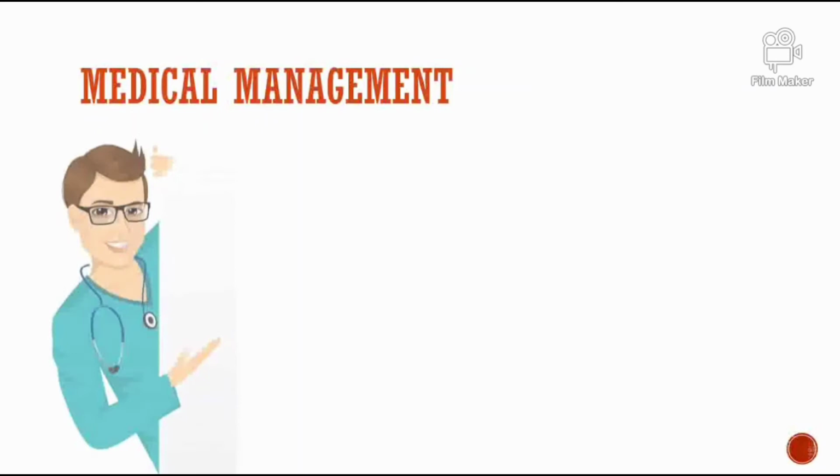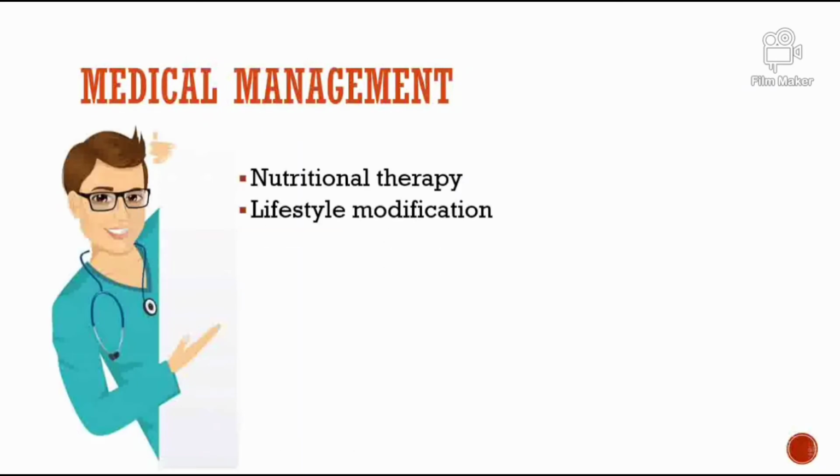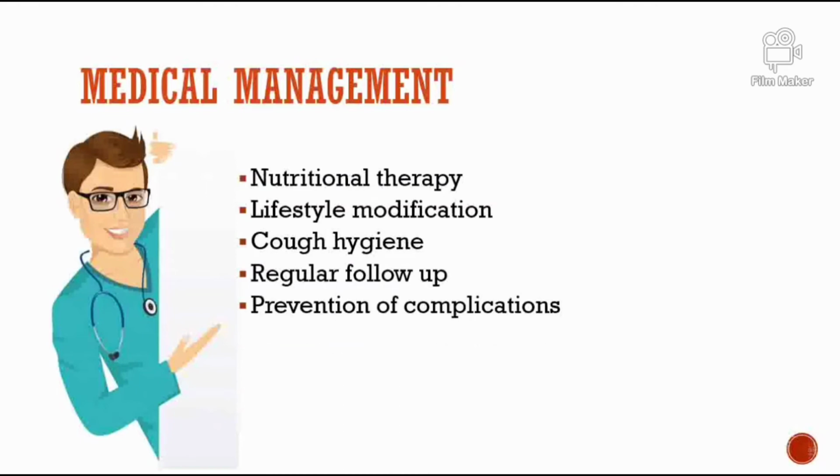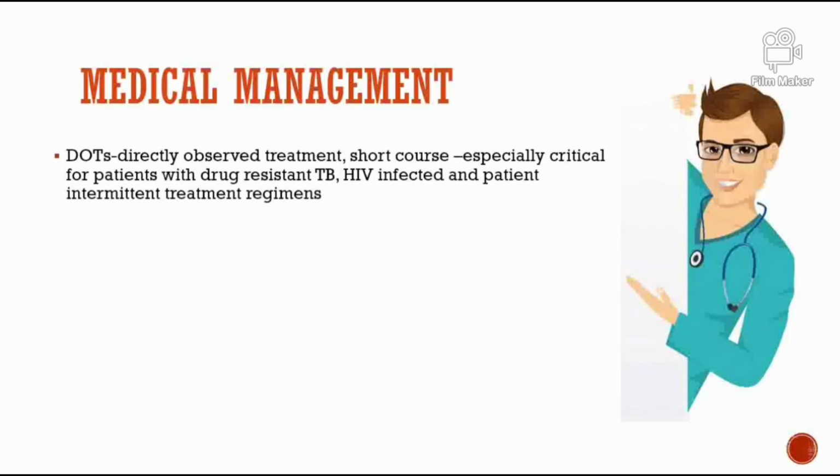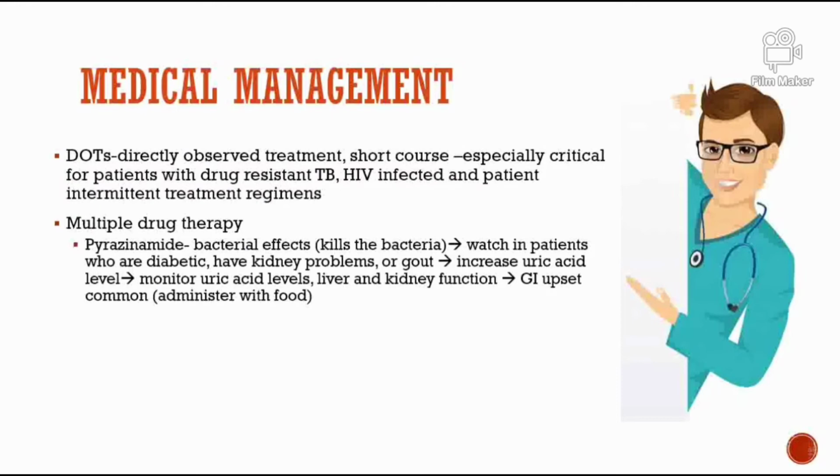The medical management would be nutritional therapy, lifestyle modification, cough hygiene, regular follow-up, and prevention of complications. And also the directly observed treatment short course, especially critical for patients with drug-resistant TB, HIV-infected patients, and those on intermittent treatment regimens, which are multiple drug therapy such as pyrazinamide, which has a bactericidal effect that can kill the bacteria.